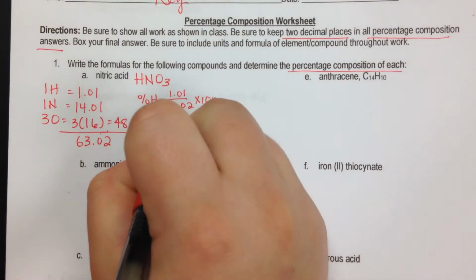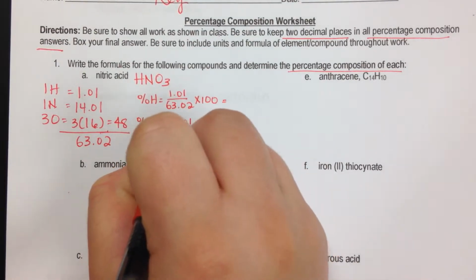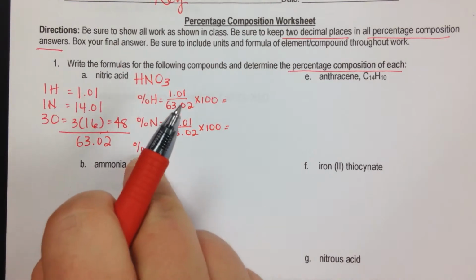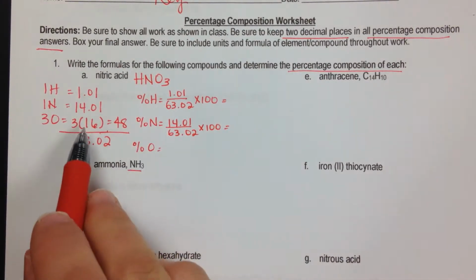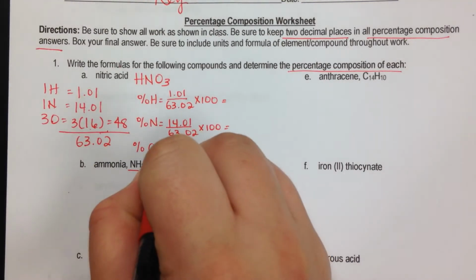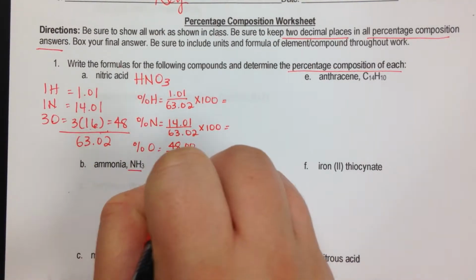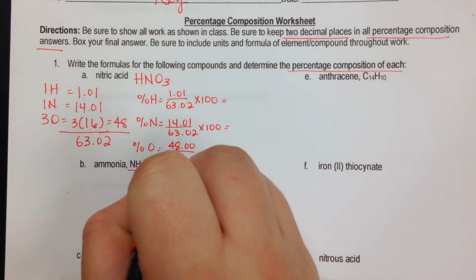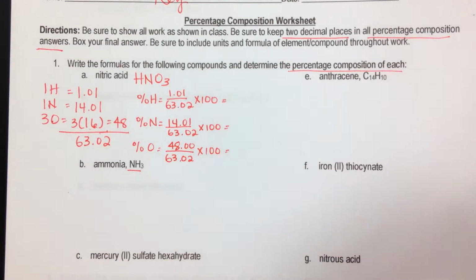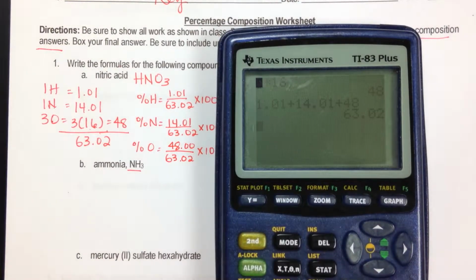Same thing for nitrogen, 14.01 divided by 63.02 times 100. And then when we get to oxygen, the mistake that students make is they just put the 16, but remember there's 3 oxygen atoms, so we have to use the mass of 3 oxygen atoms, which is 48, divided by 63.02 times 100.